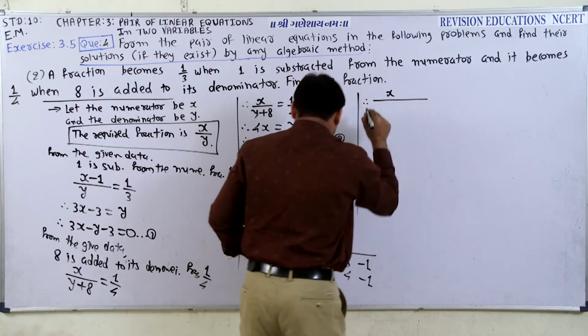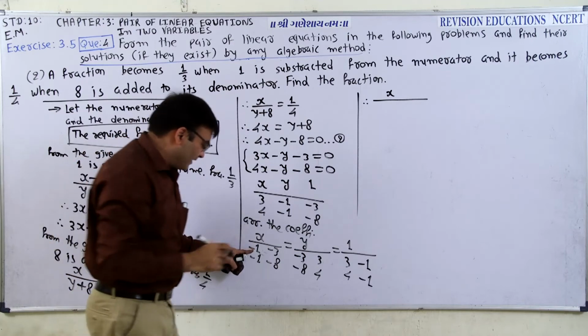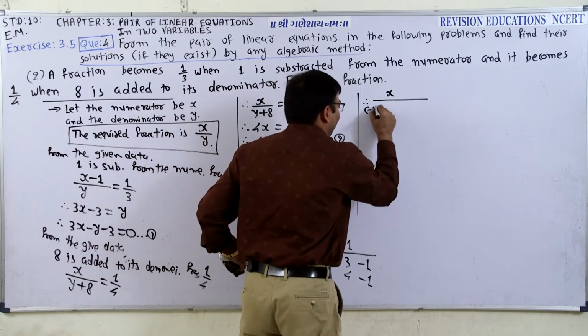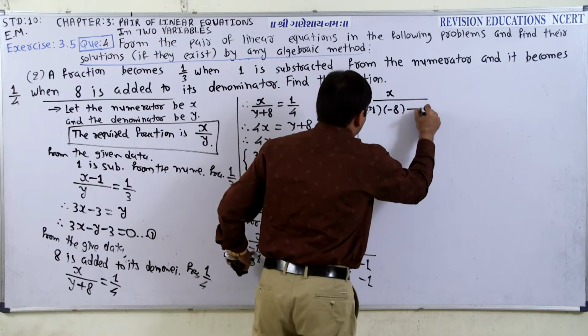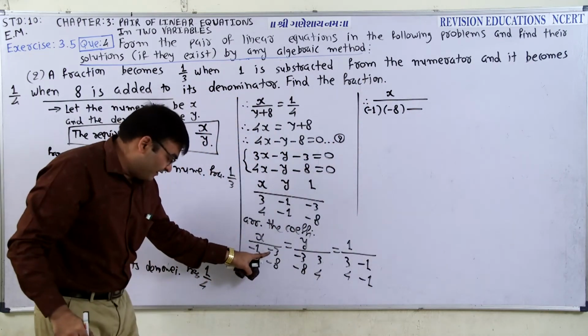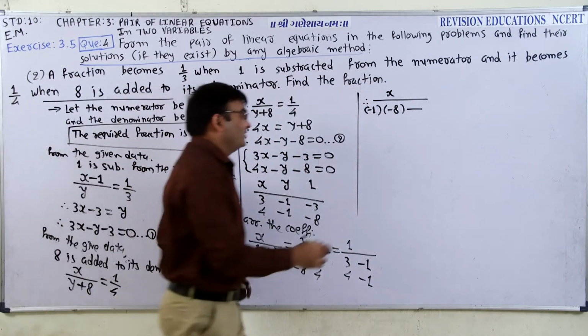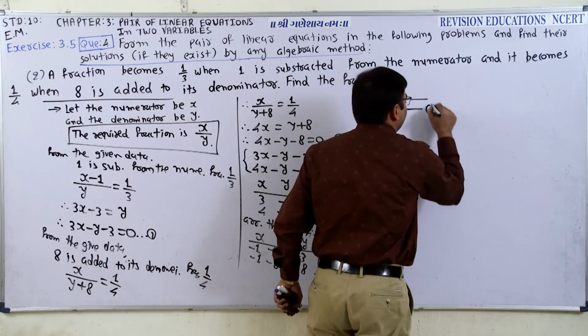X upon, be alert, -1 into -8. Write this step, friends, compulsory. -3 into -1.